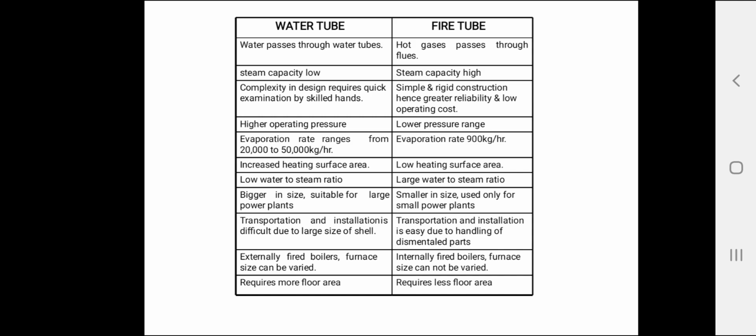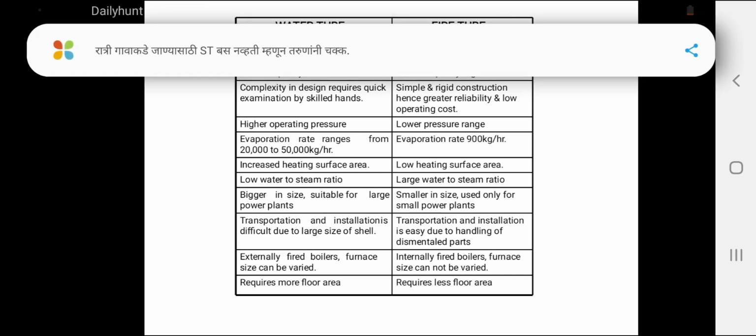Transportation and installation are difficult in a water tube boiler due to the large size of the shells, whereas for a fire tube boiler transportation and installation are easy due to handling of dismantled parts.